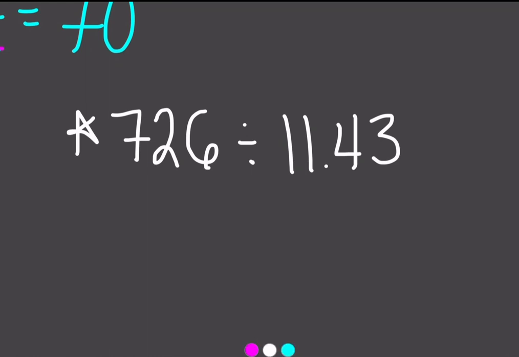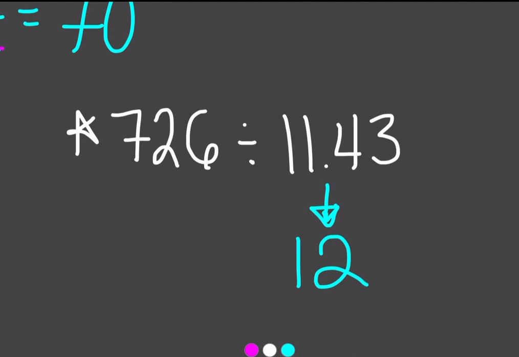So 11.43, I could round to 11, I could round to 12, I could round to 10. I don't see a number that's close to 726 that's going to work with my 11, so I'm actually going to change it to a 12.